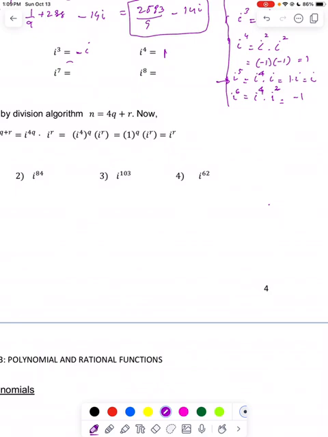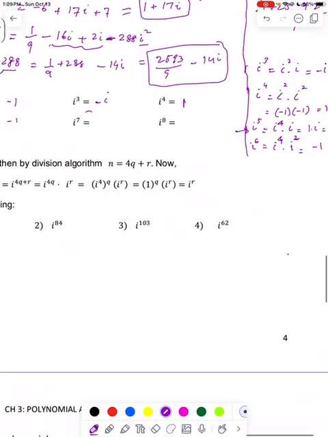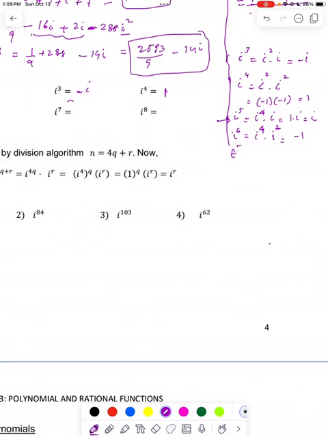Now what about i to the 7? So i to the 7 can be written as i to the 6 times i. So i to the 6 we just calculated is negative 1.